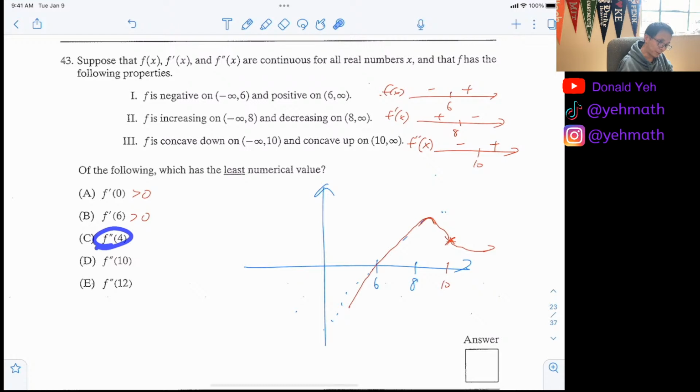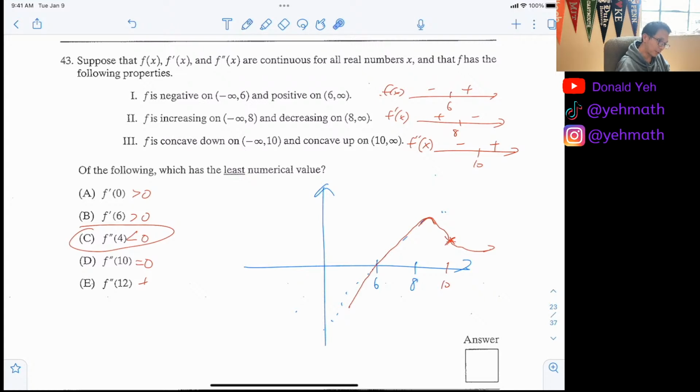F double prime of 4 is less than 0. F double prime of 10 is actually equal to 0 because it wouldn't change negative to positive. And this is a positive. Only the one that's least among the values is going to be negative. So that is the answer choice.